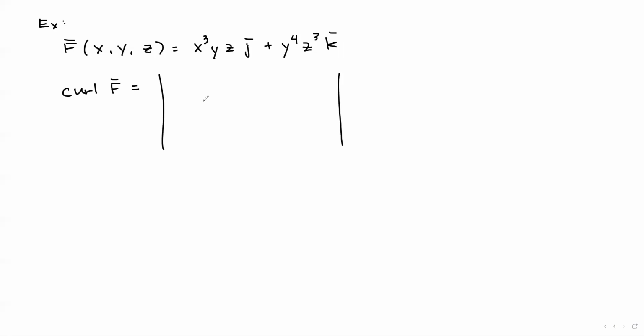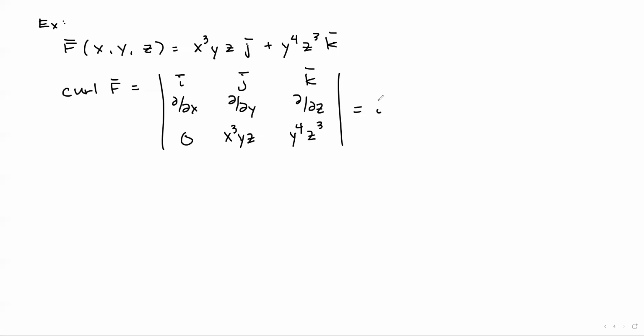So we create our matrix i, j, and k, partial with respect to x, partial with respect to y, partial with respect to z. And then the i component is 0, the j component is x cubed yz, and the k component is y to the fourth z to the third.